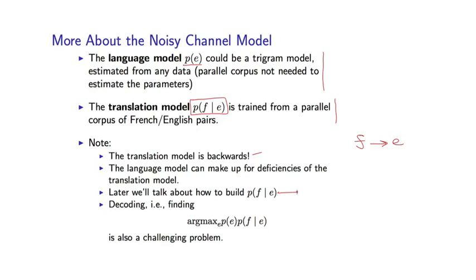Next in this class we'll talk about how to build this model of F given E. And then finally, we're going to be left with the problem of, for a given French sentence F, finding the English sentence that maximizes the product of these terms. This is also a very challenging problem. We're searching over a very large set of possible translations, and so we'll talk a lot about this problem a little later in the class.